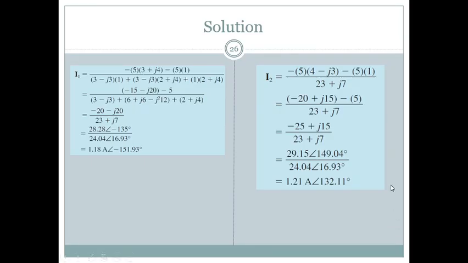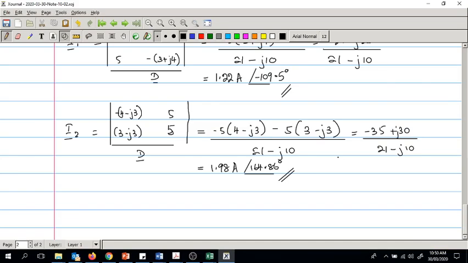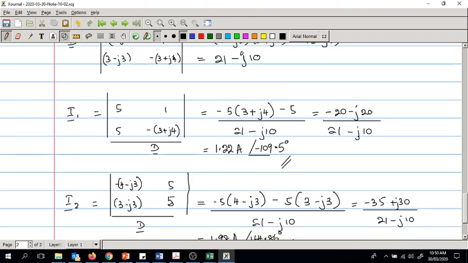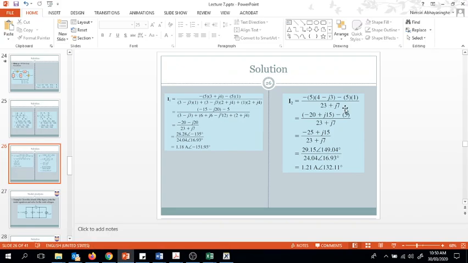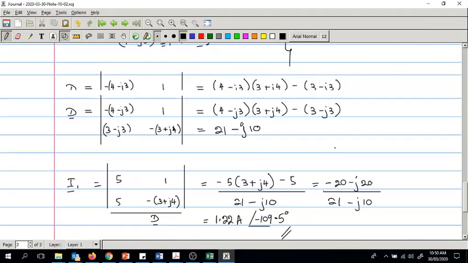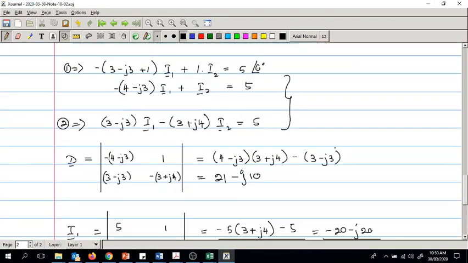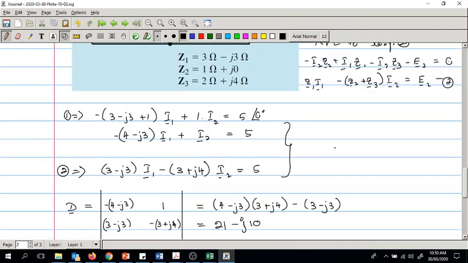If you do it correctly, you will get the correct answers. I think I have made a mistake in D. The D that I have got is 21 minus j10, whereas they have got 23 plus j. So let's see if I have made a mistake here, right?